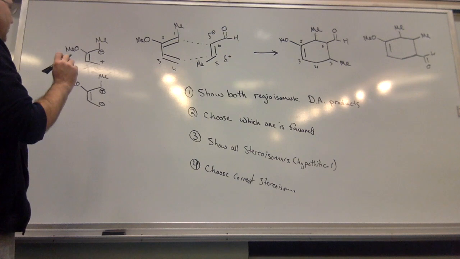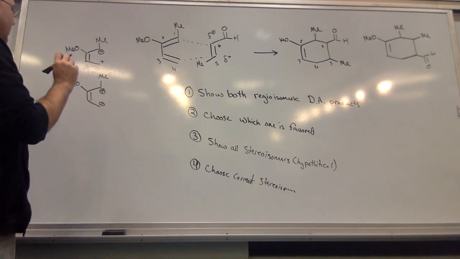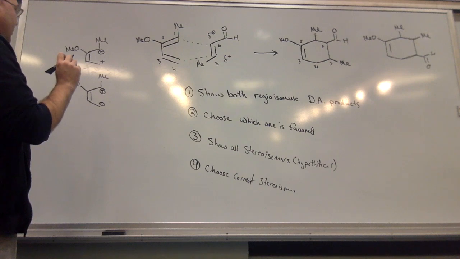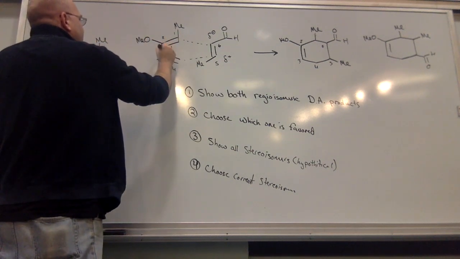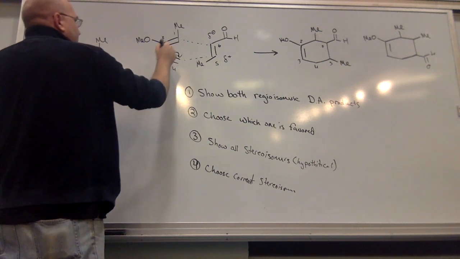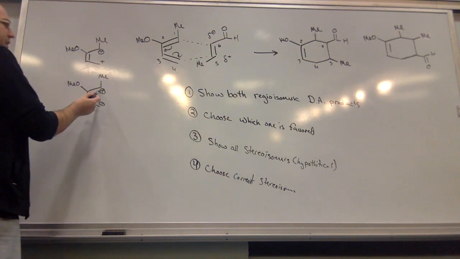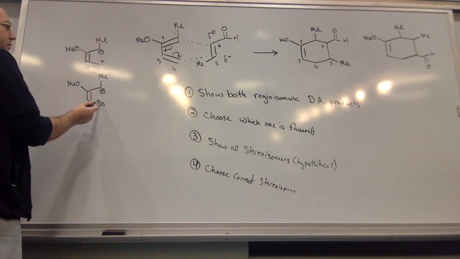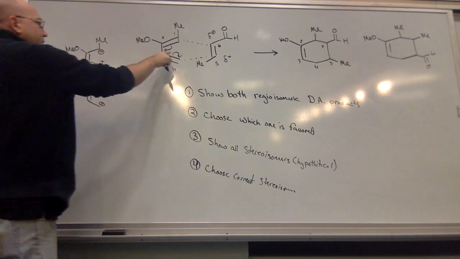Just give me a second, I'm thinking through this. So basically what I did was I moved the electrons this way. If I did this, positive charge here, negative charge here. If I went the other way, negative charge here, positive charge here.